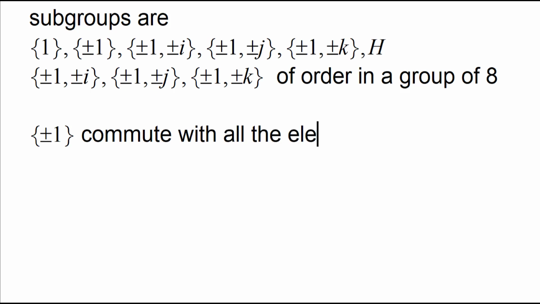So if you take a left coset or a right coset, the elements will turn out to be the same. And remember, such a subgroup is also called the center of the group. But let's not go into that much detail. You can see that H is a non-abelian group, but still all these subgroups are normal. And we know if I have an abelian group, all the subgroups will be normal anyway.